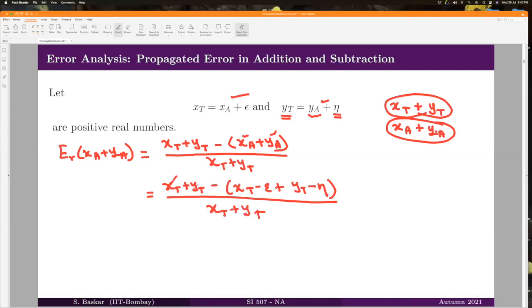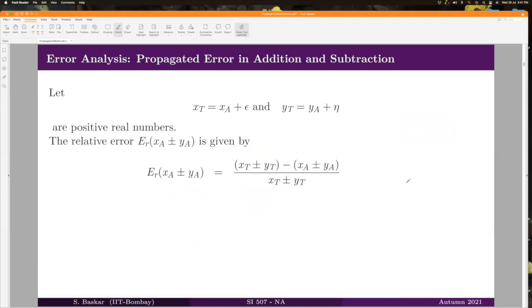We can cancel xt with xt and yt with yt, and therefore we get epsilon plus eta divided by xt plus yt. Now the same idea can be followed to obtain the relative error in xa minus ya when compared to xt minus yt.